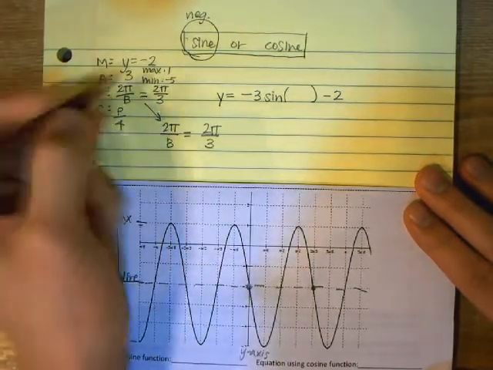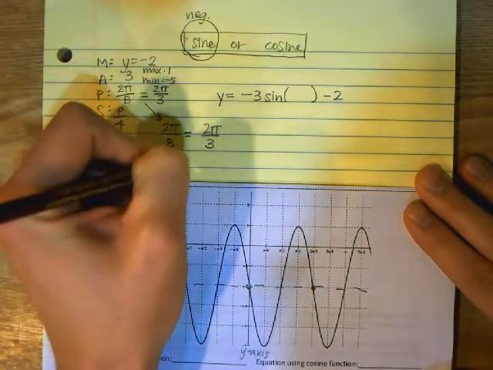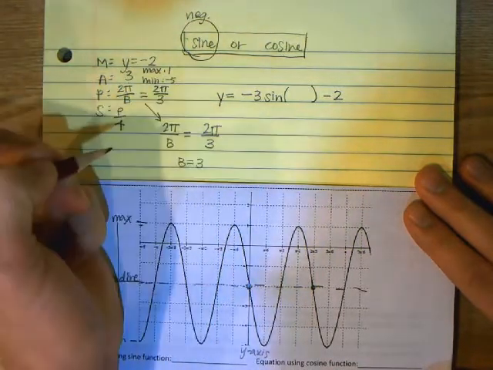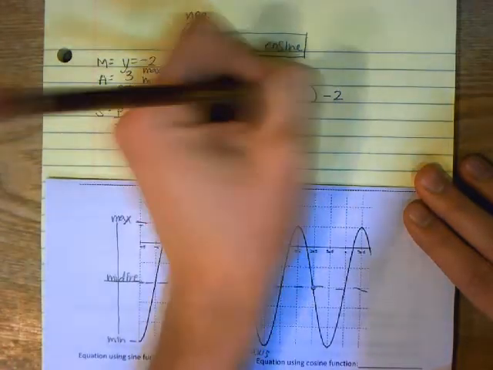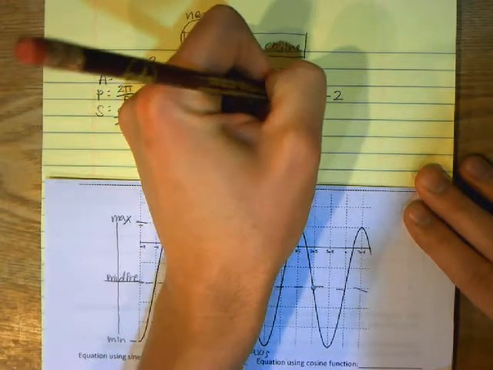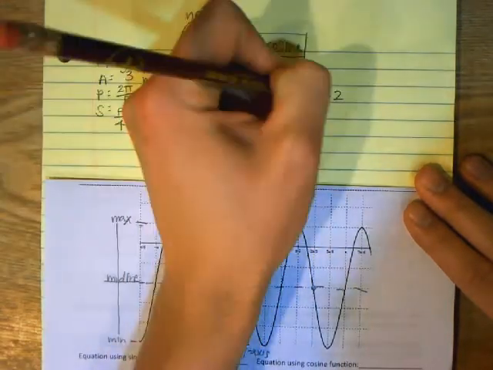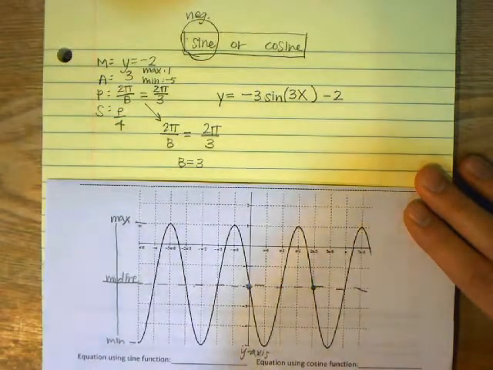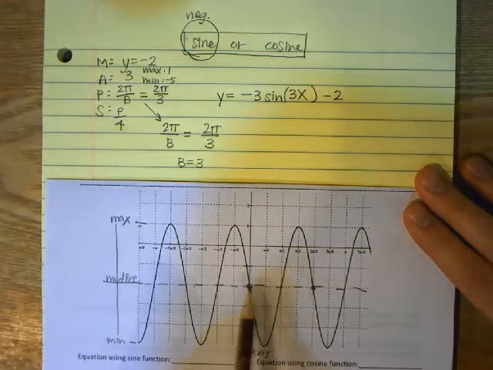Based on this equation, my numerators match. In order for this equation to be true, b must equal 3. So if b equals 3, that means inside the parentheses, my b value is 3, and it'll be 3x.